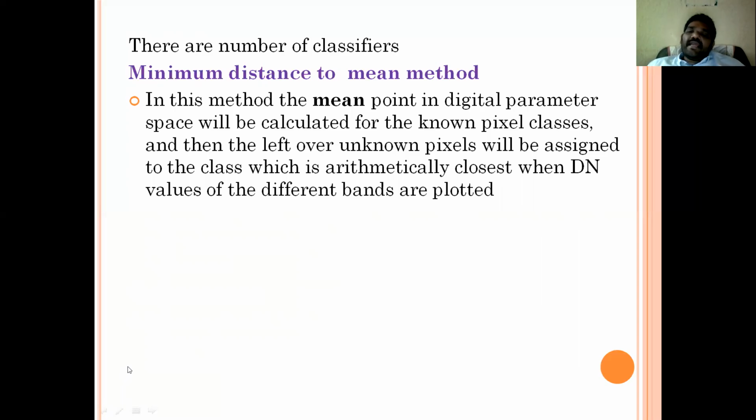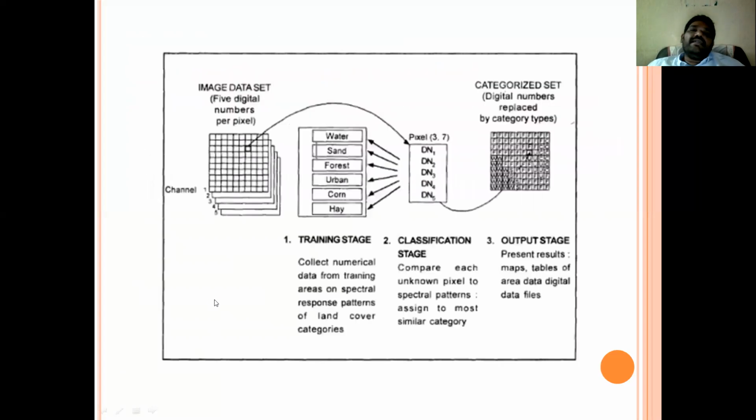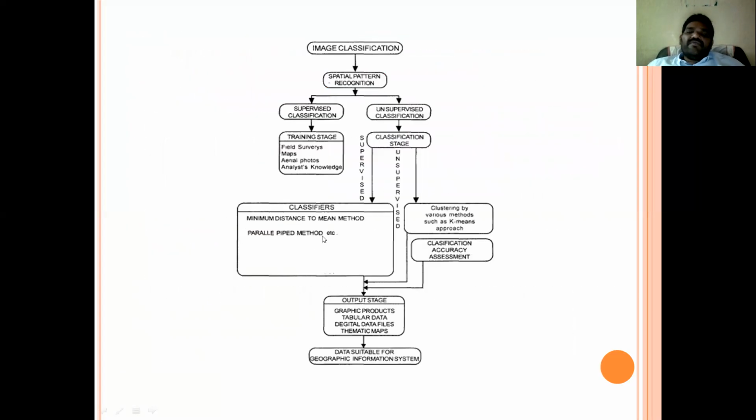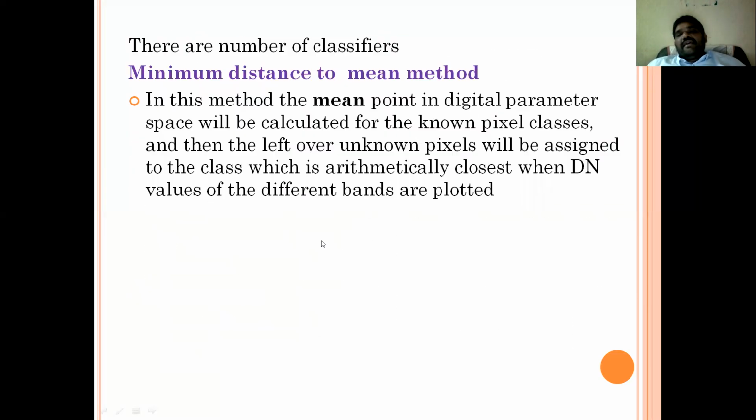See here, there are a number of classifiers; we'll see them one after another. We mentioned two. There are different ones, but two is enough. See here, the minimum distance to mean method.